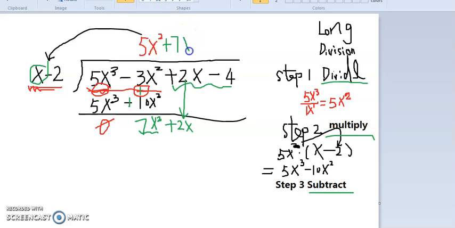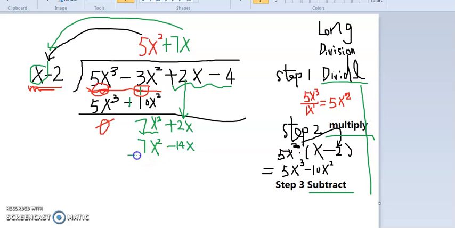If you cannot do it in your head, write it down like I did over here. And then the second step, we multiply. We're going to multiply 7x with x minus 2. Again, if you can't do it in your head, write it down. So we have 7x times x, that's 7x squared. And then 7x times negative 2, that's negative 14x. That's the second step, multiplication.